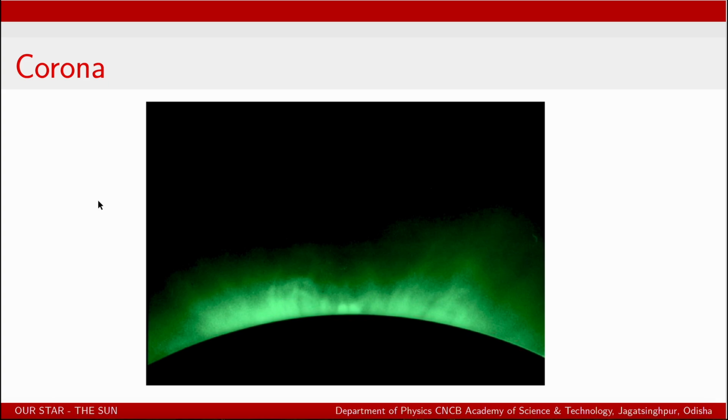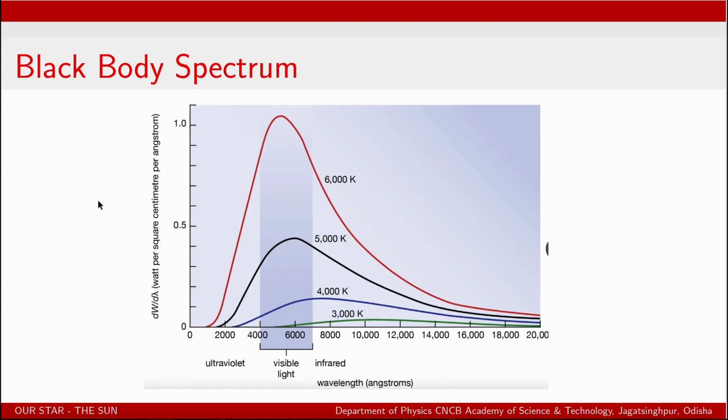So the next slide is, what about the spectrum of the light that is coming from the sun? Is it a black body spectrum? This is a black body spectrum. A black body absorbs radiation extremely well and it emits radiation extremely well. Here the wavelength is increasing, that is the frequency is decreasing, and here you have watt per square centimeter.